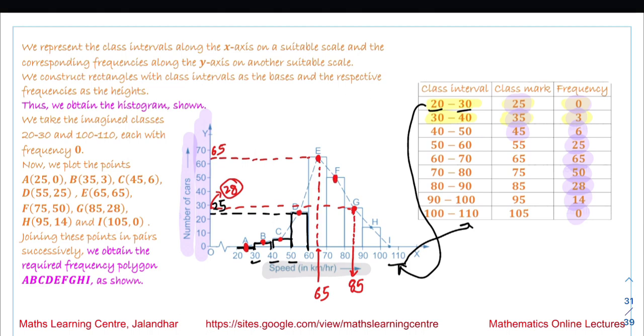So we have drawn the histogram and then marked the midpoint of all these intervals, and finally we have joined these points with the help of a scale. C and D, then D and E we have joined with the scale, E and F we will join, F and G we will join, G and H we will join, and H and I. This I and A are the imagined intervals.